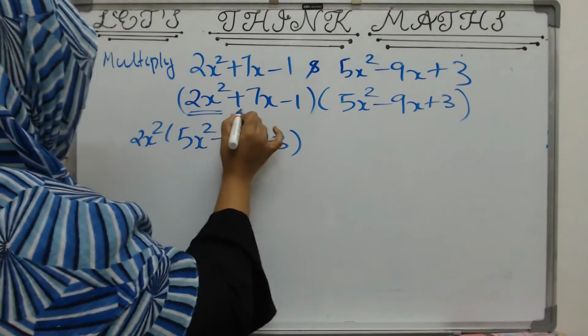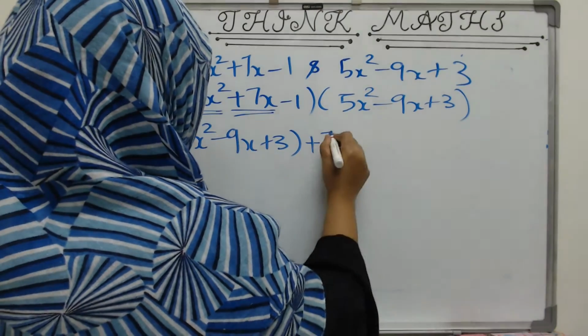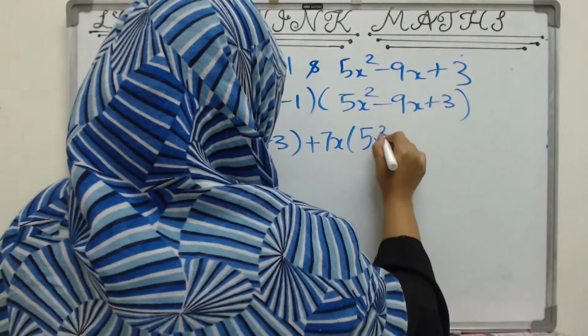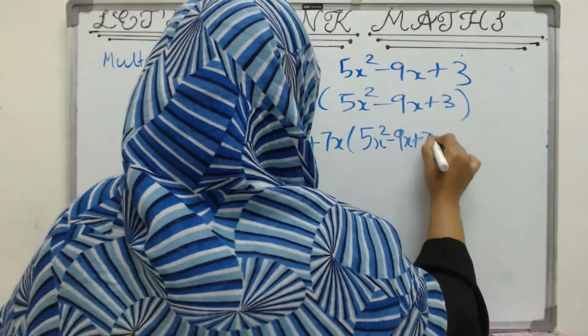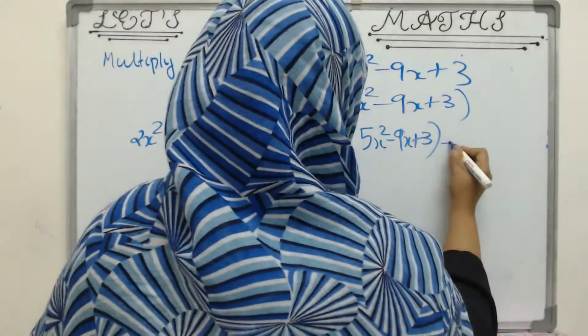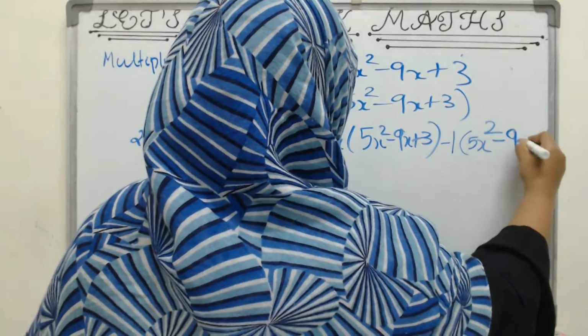Right? First term, first expression, second term, then the whole of the second one. Then the third one, do not forget the sign. It is minus 1. Then again the whole thing.